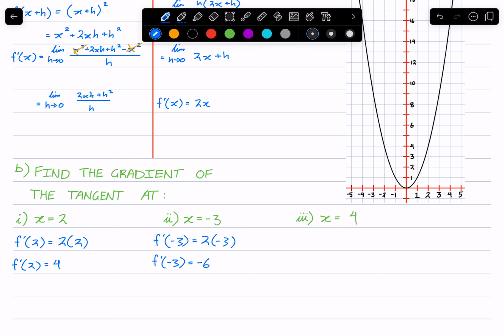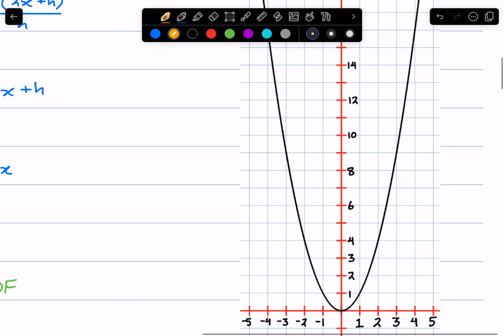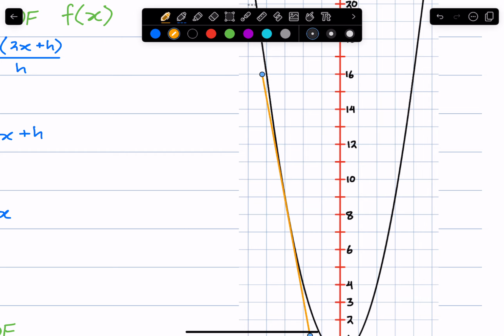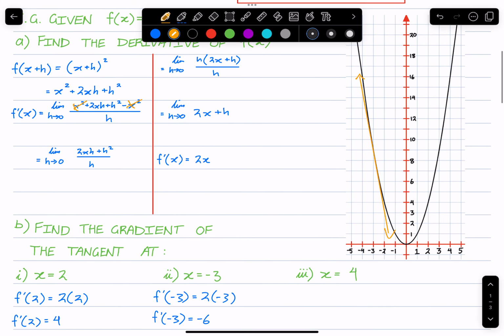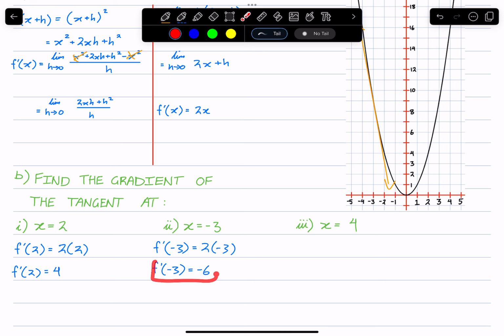On the graph, what this indicates is this: at x equals -3, we're going to draw a tangent at that point. If we could measure the gradient of that orange tangent, the gradient of that tangent would be -6.